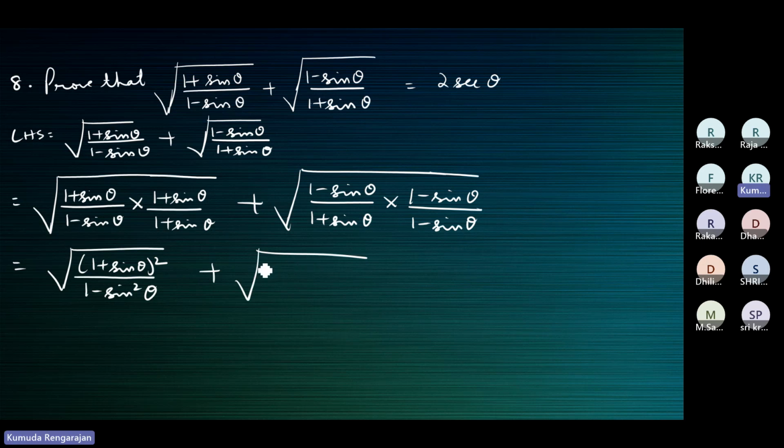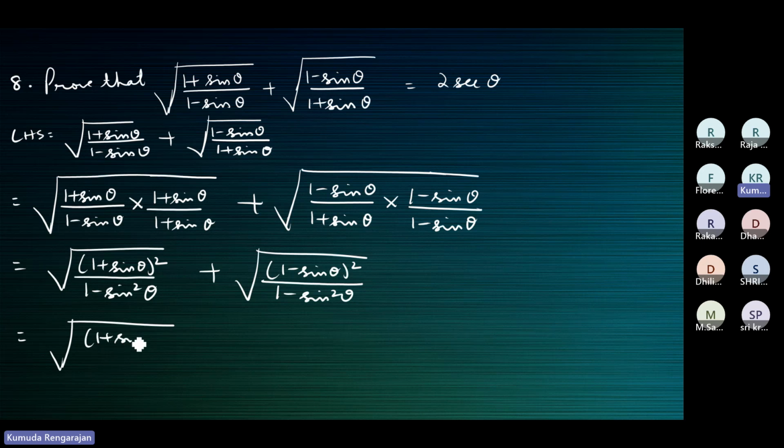Again here, 1 minus sine theta into 1 minus sine theta is 1 minus sine theta the whole square, divided by a plus b into a minus b, which is a square minus b square, 1 minus sine square theta. Now the numerator you can see is a perfect square, in both, under both the square roots. The denominator is not. So we'll just do one more step before we bring them out of the square root.